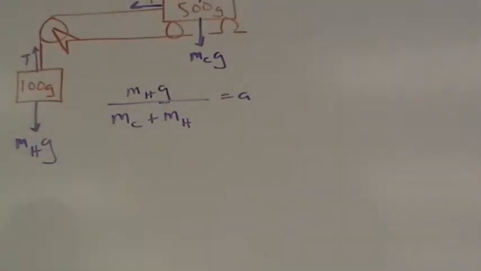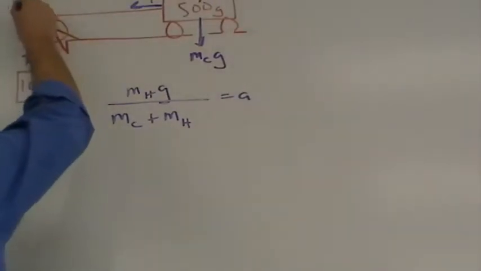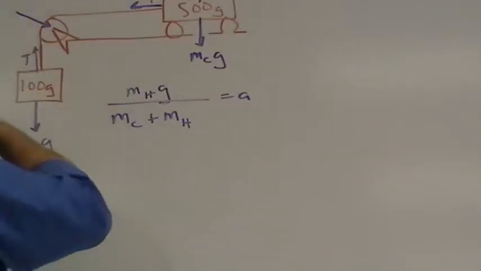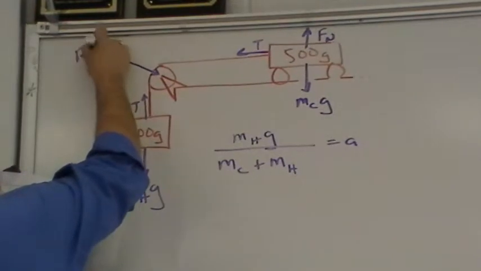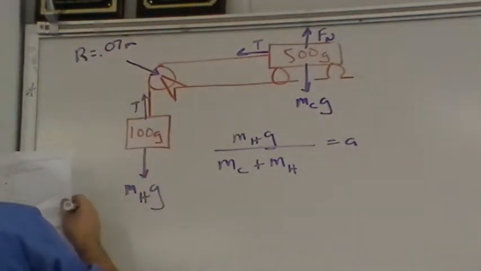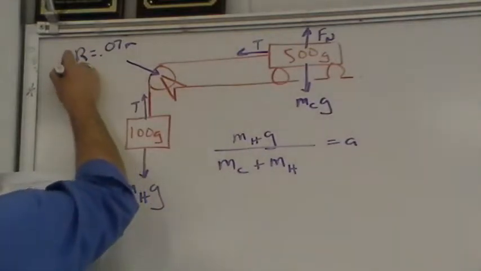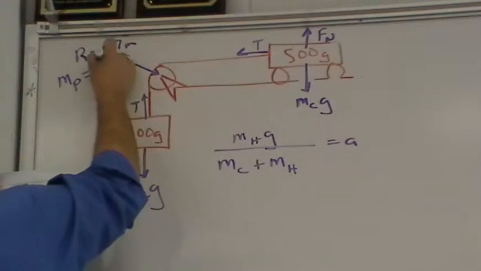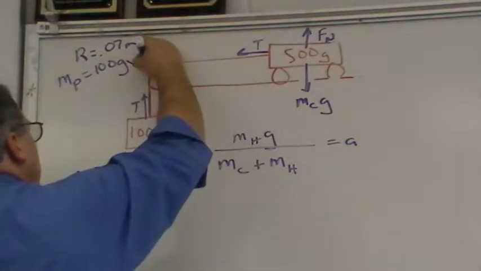Same situation, but now the pulley has a radius of 7 centimeters or 0.07 meters, and the pulley has a mass of 100 grams.